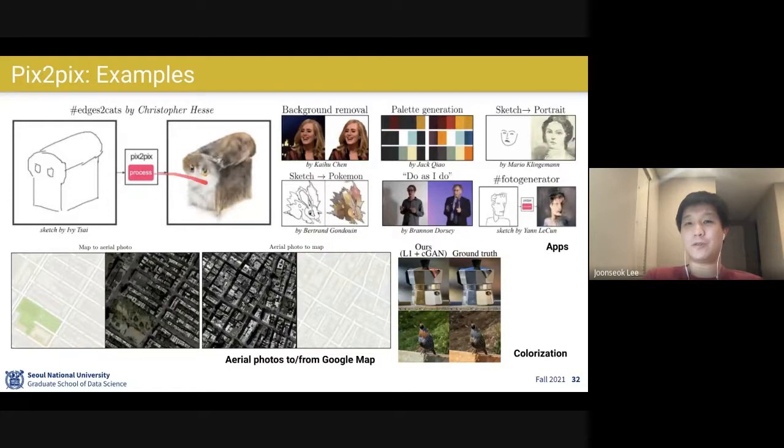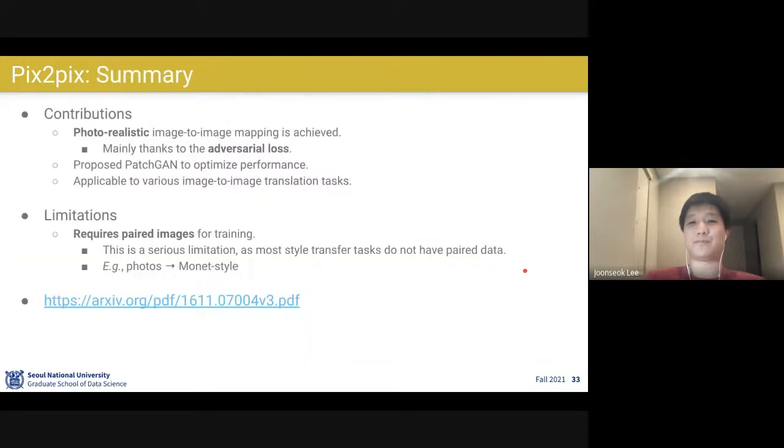And some other interesting examples like this: just draw some pictures like that, and it tries to fit some animal inside this bread. It is also applied to background removal, or from sketch to portrait, and many other interesting things are possible. And there are even apps you can download and try these things.